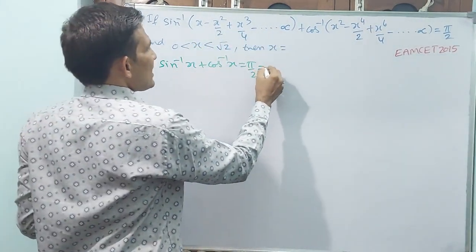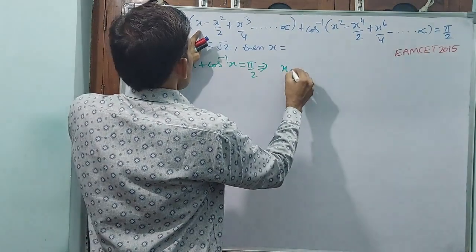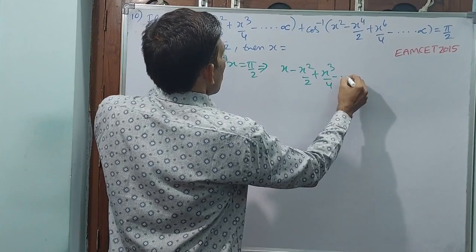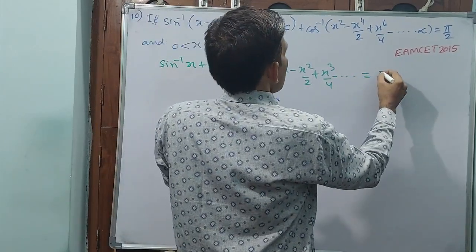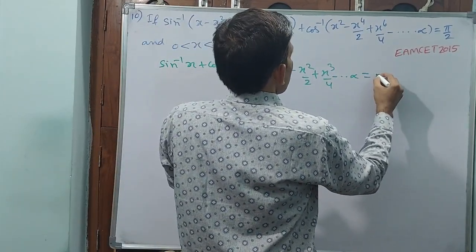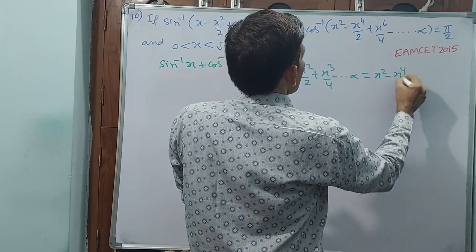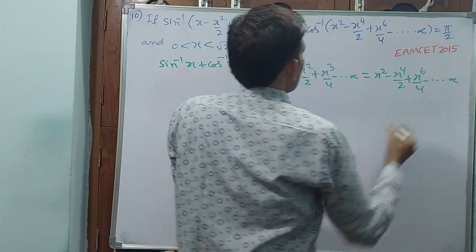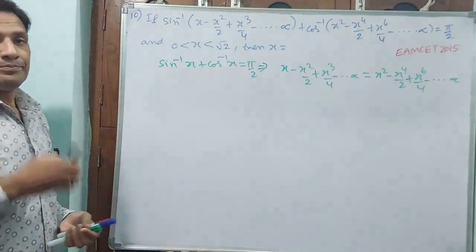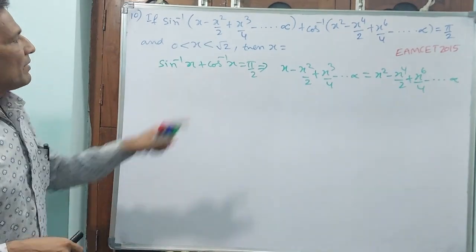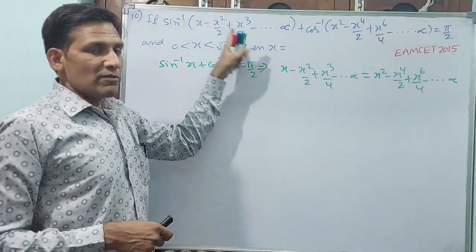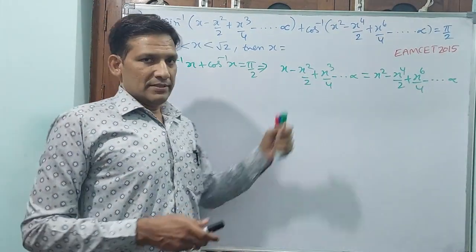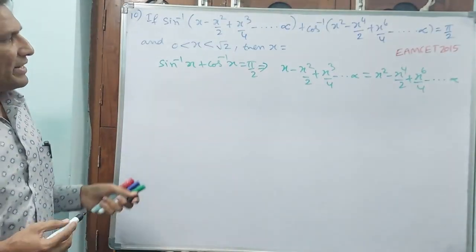That means we can understand x minus x square by 2 plus x cube by 4 minus, up to infinity, should be equal to x square minus x to the power of 4 plus x to the power of 6 by 4 minus, up to infinity. Is it okay? First you see the analogy. Why? Because if these two are equal, then only sin inverse of this plus cos inverse of this is equal to pi by 2. Now you have to solve this geometric series.